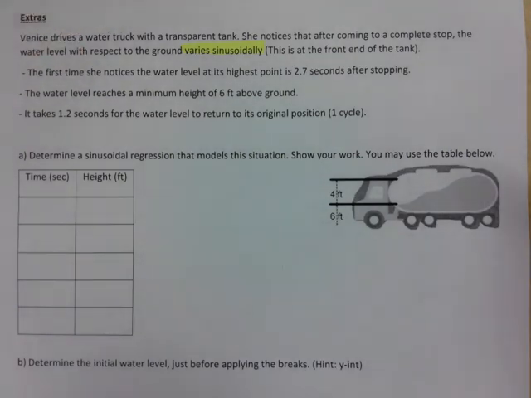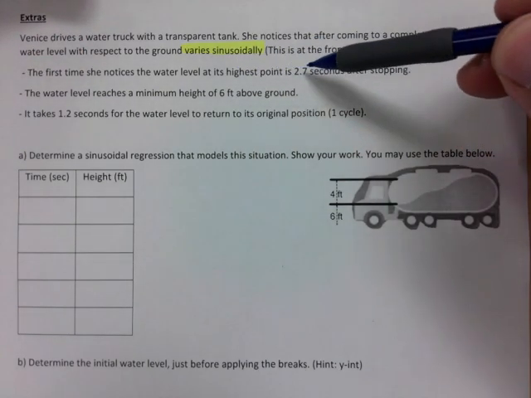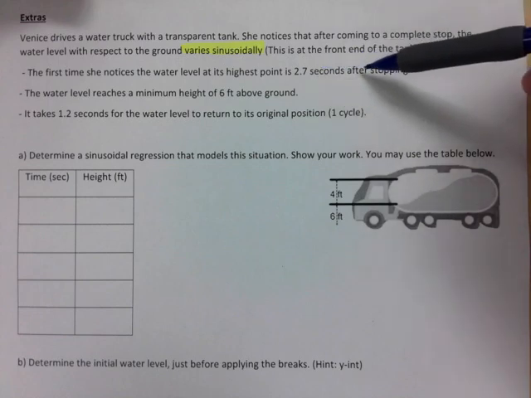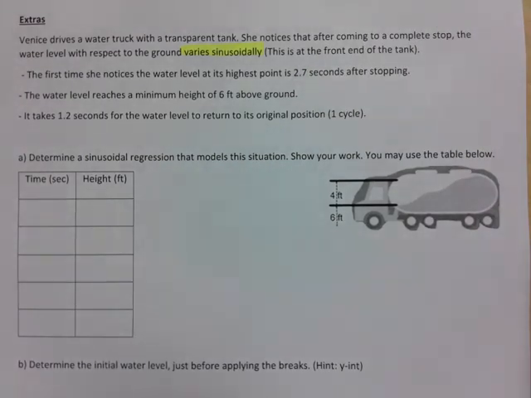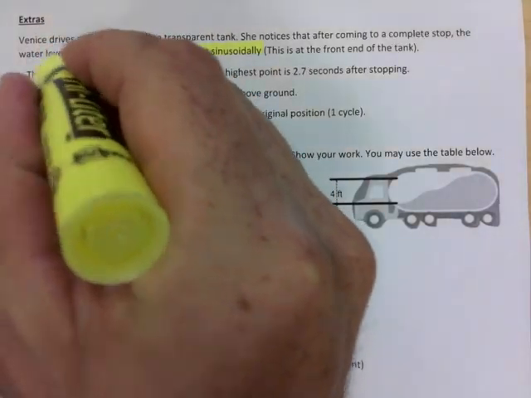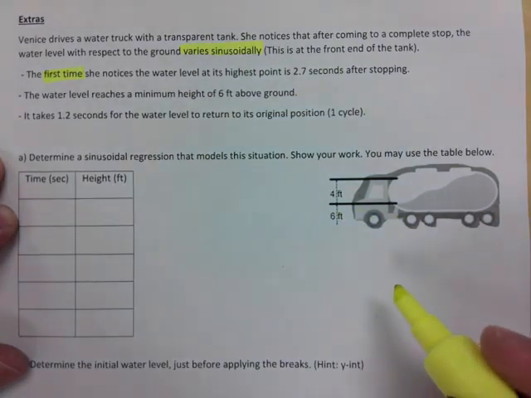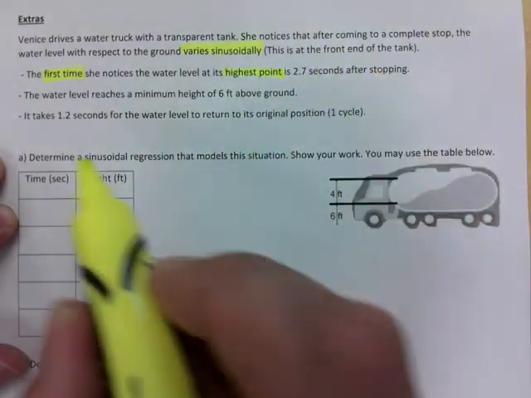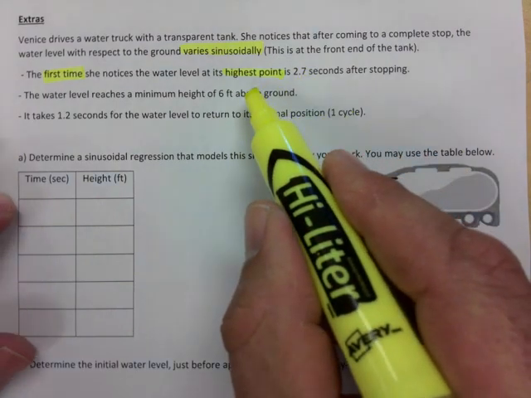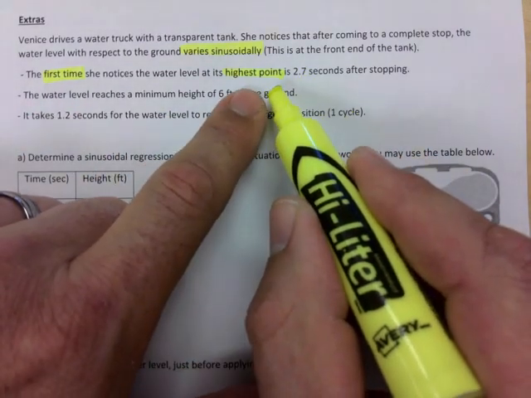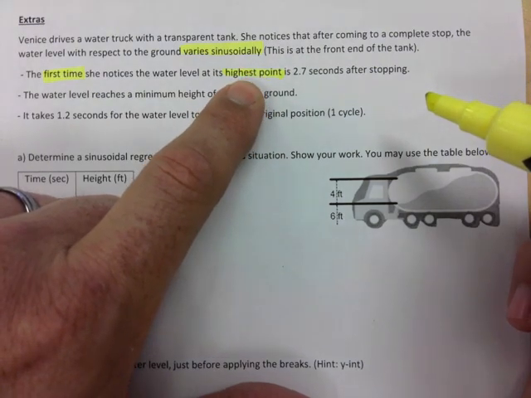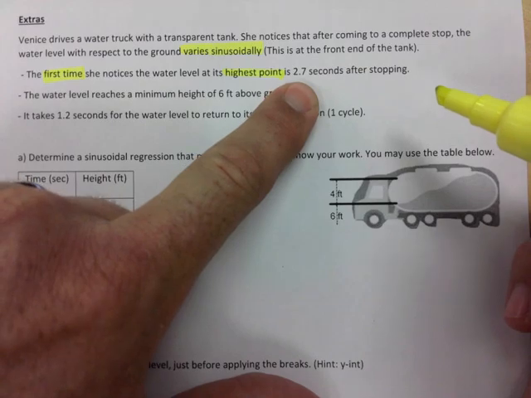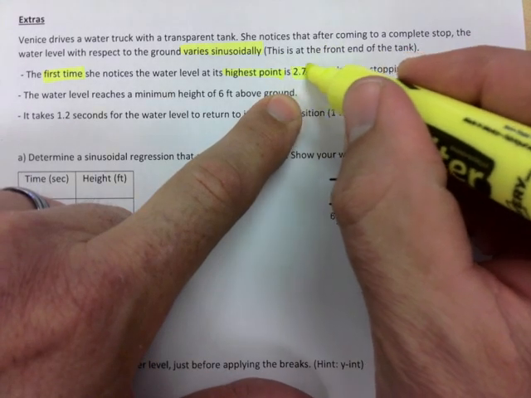The first time she notices the water level at its highest point is 2.7 seconds after stopping. So interesting here, the first time that the water level is at the highest point, we're told it's 2.7 seconds after stopping.